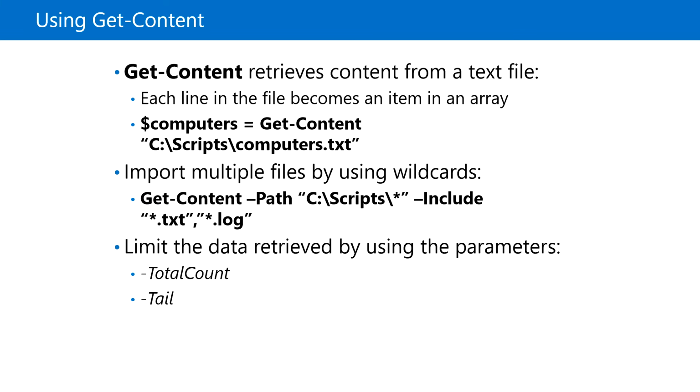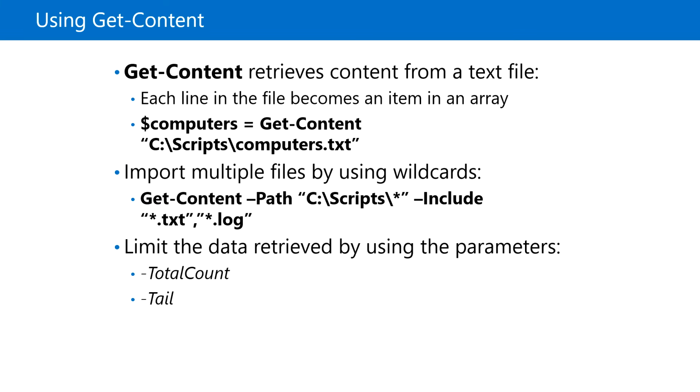This is the syntax to use the wildcard with -Include. Here we are specifying *.txt and *.log. With this, we can also limit the amount of data that we retrieve using Get-Content.